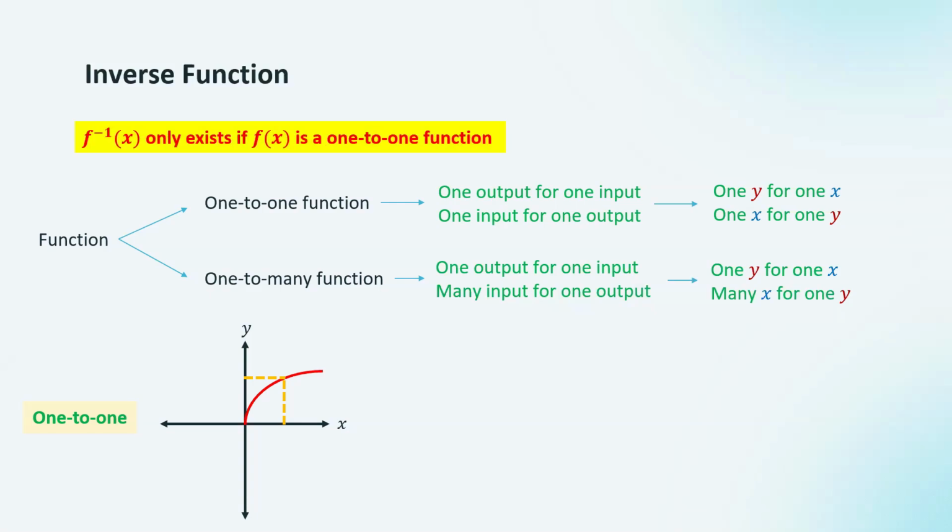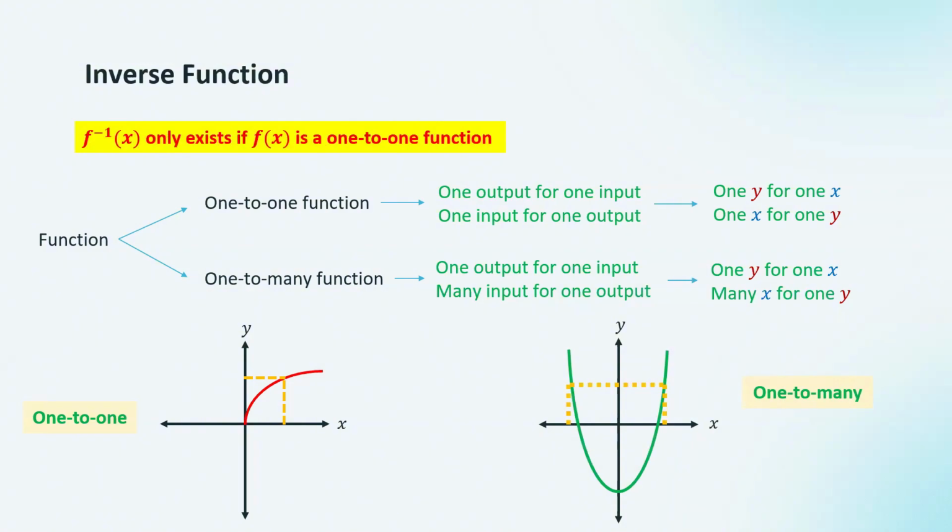It is a very familiar graph, the quadratic function. One x value can only have one y value, right? But one y value can have many x values. As you can see, one y value in the parabola has two x values, x on the left and x on the right. This is a one-to-many function.